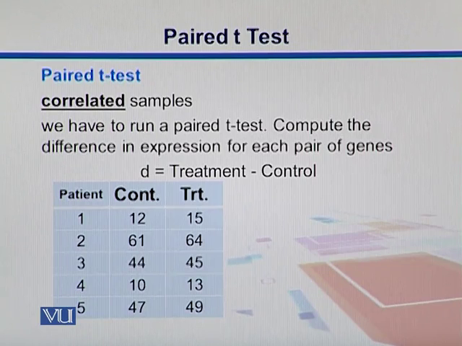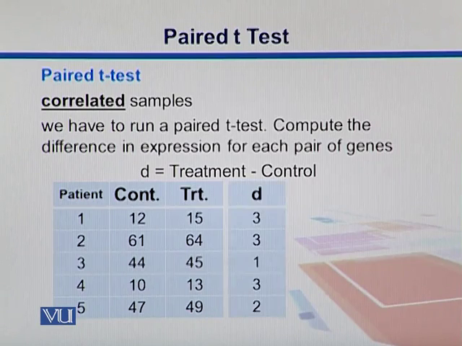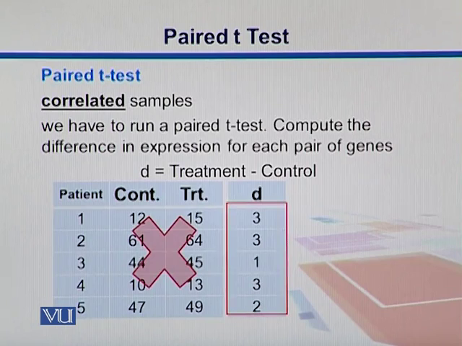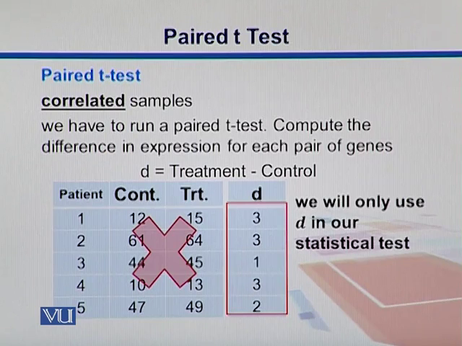For patient number 1, the treatment value is 15 minus 12, which is 3. In the same way we can calculate the rest of them, and come up with a column of differences. We take this column of differences as a distribution of differences, and we forget about the individual data points. Our tests will use only these D's.